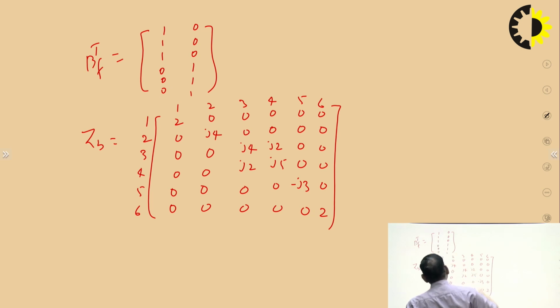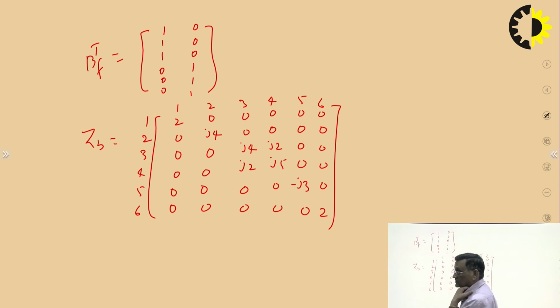So diagonal elements are the self impedance of the branch, and whenever there is a coupling between the branches, we can have the off diagonal elements. In the present case, there is a coupling between branch 3 and branch 4.